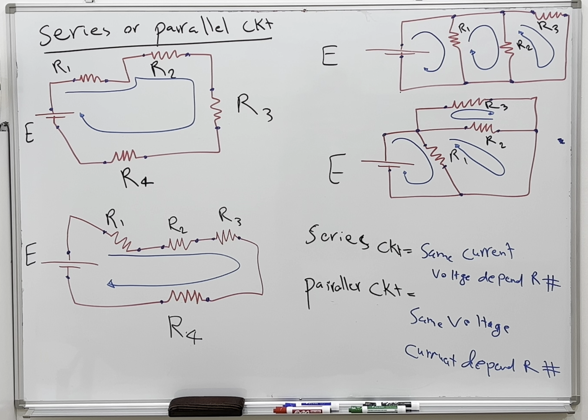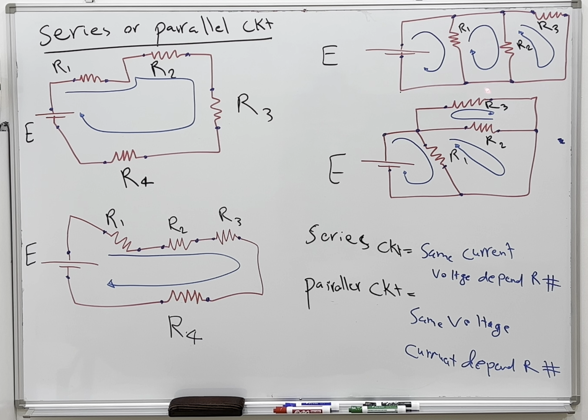What about this one? Obviously the source here, this is the battery source, is shared with R1 at two points. This is the first point, and this is the second point. It's the same for this one. The source is shared with R1 at two points, 1, 2.